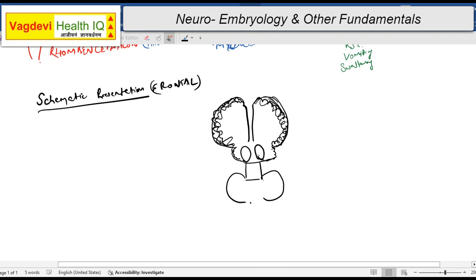Consider the behind part also. So this is my frontal view, a schematic diagram.